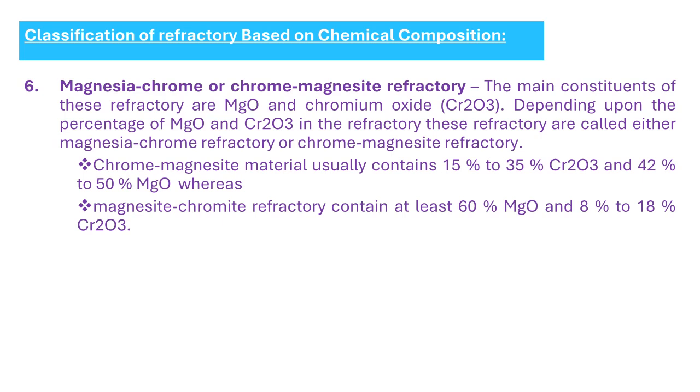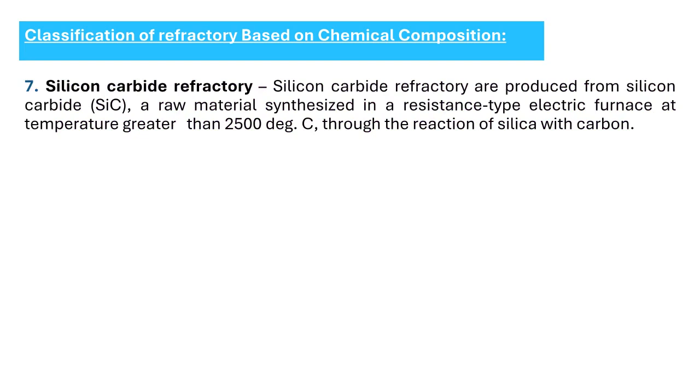That means proper handling and environmentally responsible disposal are essential. In short, chromagnesite and magnesite chromite refractories deliver strength and reliability in the toughest steel-making environments, but they must be managed carefully.